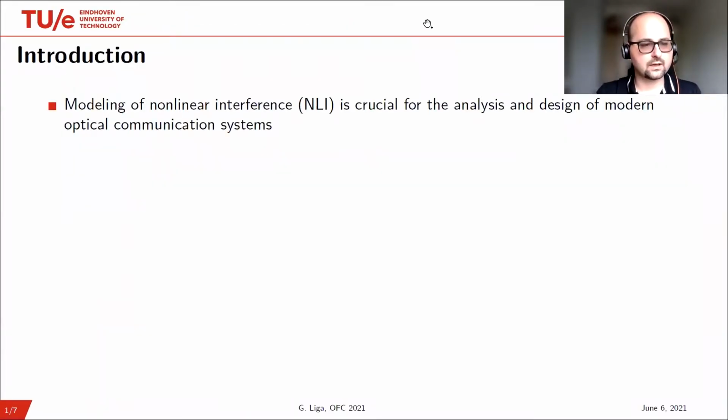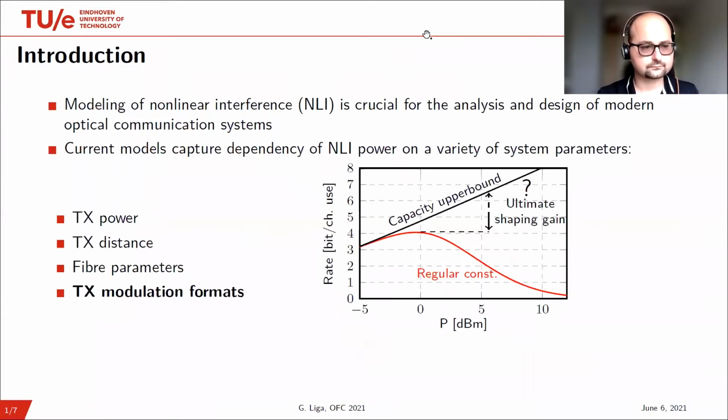As we know, the nonlinear interference models are crucial both for the analysis and design of modern optical communication systems. The current models are able to capture the NLI power as a function of a variety of different system parameters, such as the transmission power, the reach, fiber parameters, and ultimately also the transmitted modulation format.